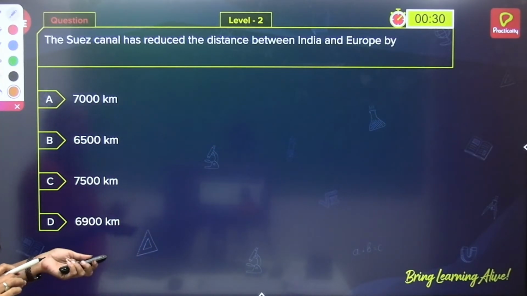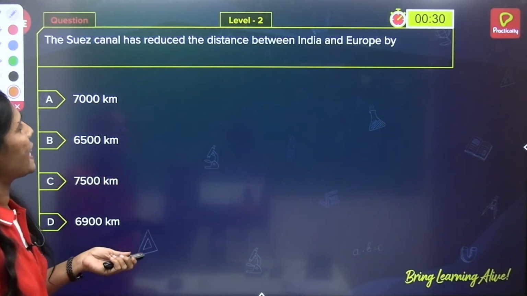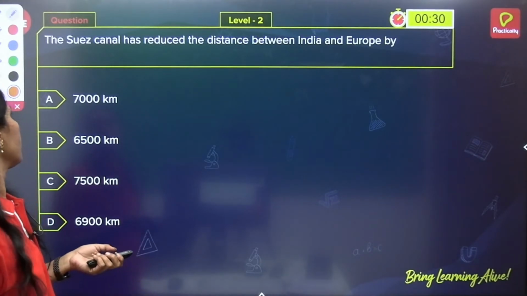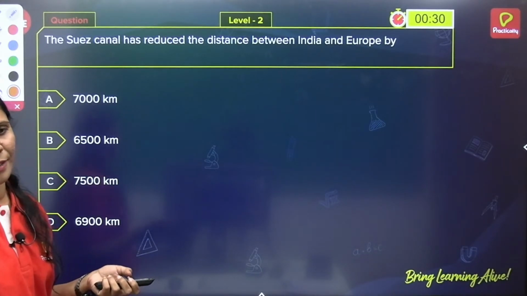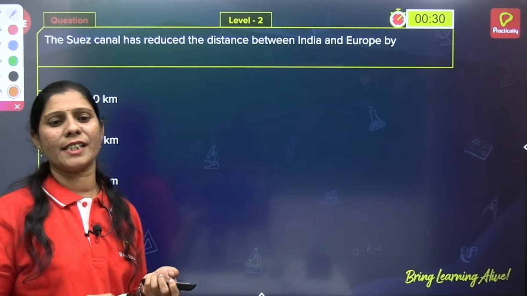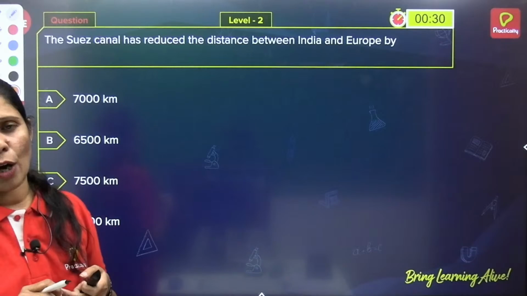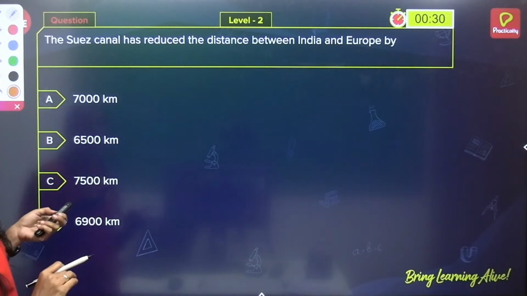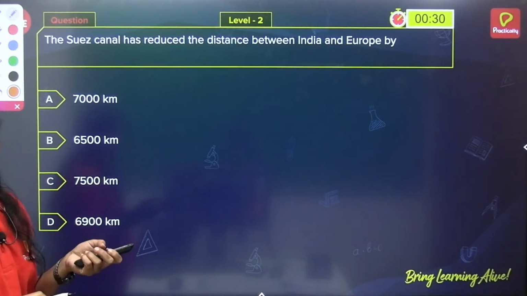Children, just read out this question. The Suez Canal has reduced the distance between India and Europe by how many kilometers? You need to answer it. Option A, 7,000 kilometers. Option B, 6,500 kilometers.